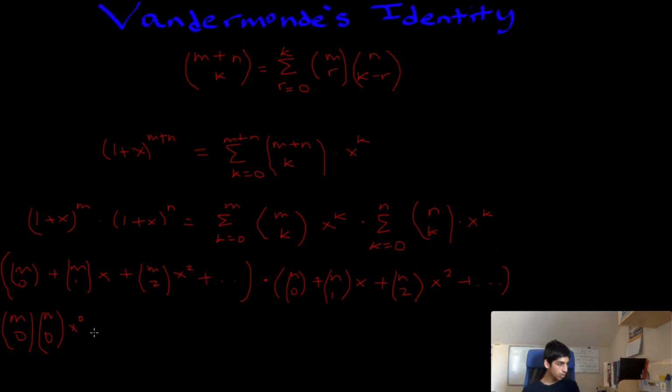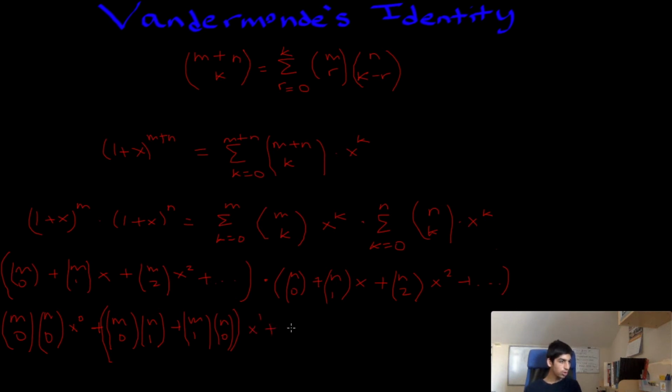And then for the x to the 1 coefficient, we would have m choose 0 times n choose 1 plus m choose 1 times n choose 0. And that is the coefficient for our x to the 1 term.